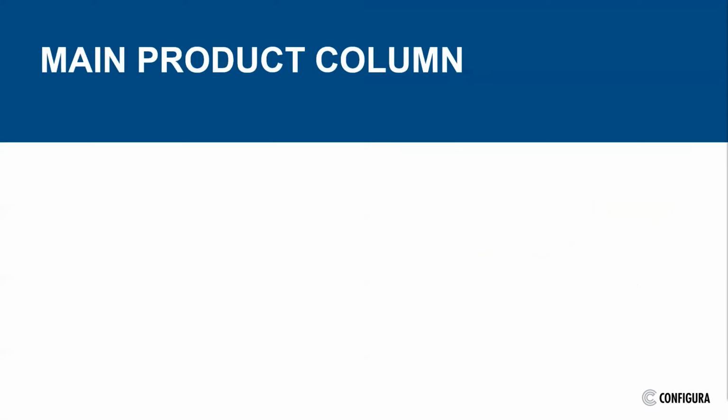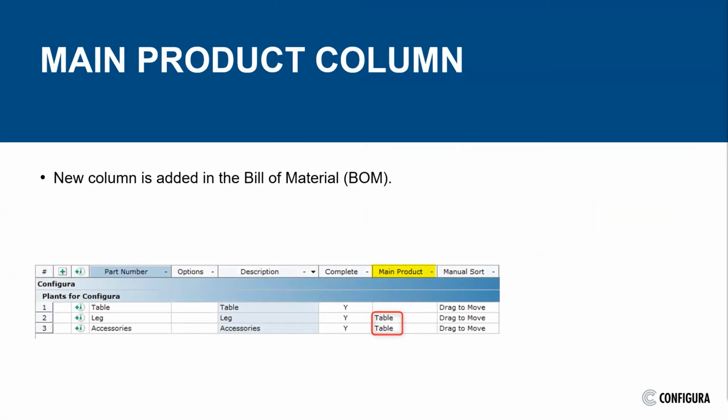Okay, so the next one is the main product column. This is a new addition to the bill of material. By using this column, the user will be able to identify which parent product the additional products belong to when using Catalog Snapper.